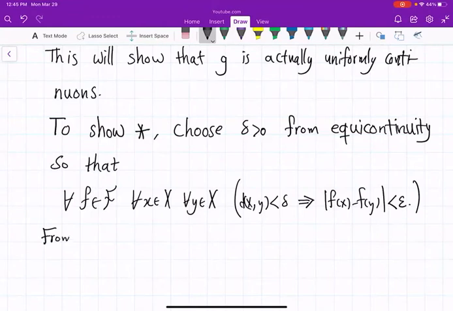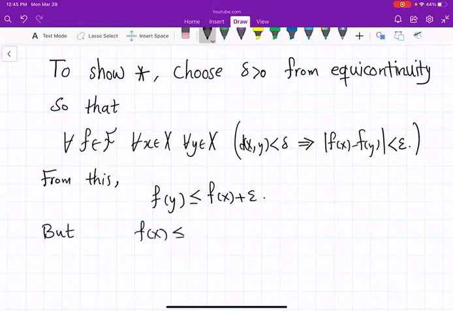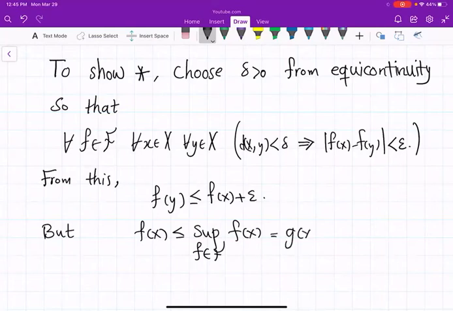From this, we get that f of y is less than or equal to f of x plus epsilon. But notice that f of x is less than or equal to the supremum of all f of x's, which is my g of x.